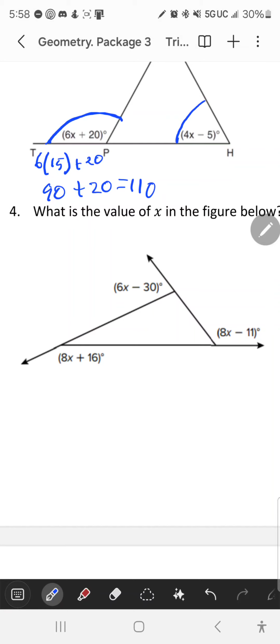But ignoring that, let's just work with the fact that I know this side plus this side plus this side is going to be equal to 360.